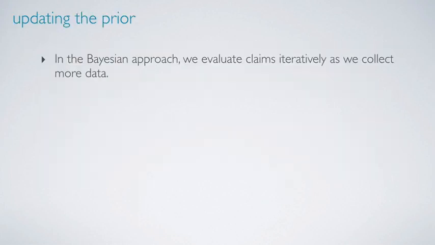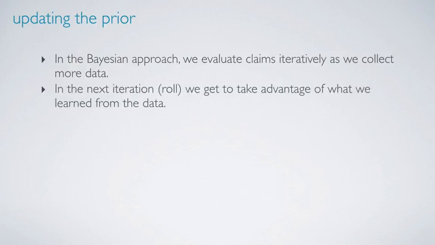In the Bayesian approach, we evaluate claims iteratively as we collect more data. In the next iteration, the next roll, if we were to play this game one more time and you had asked me to roll a die on either the right or the left hand again, and we had done the calculation of the posterior one more time, we get to take advantage of what we learned from the data.